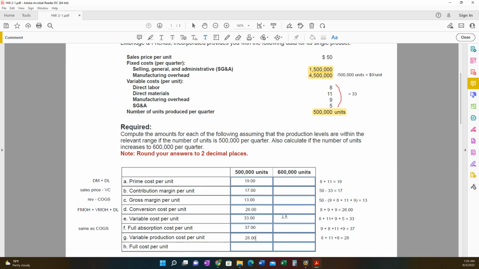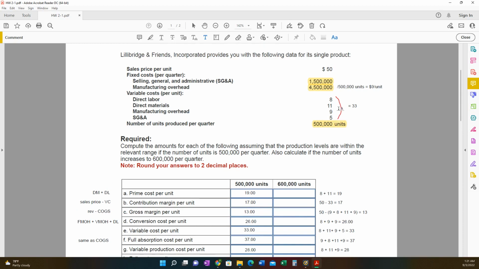And finally, we have full cost per unit, which would include all of our variable costs and fixed costs. The variable costs are already given to us as a per unit cost, and we calculated the per unit cost of fixed manufacturing overhead. So now we just need to calculate the cost per unit of the fixed SG&A.